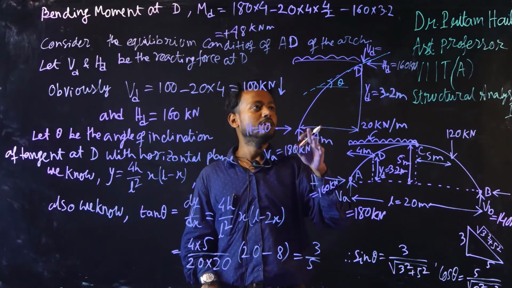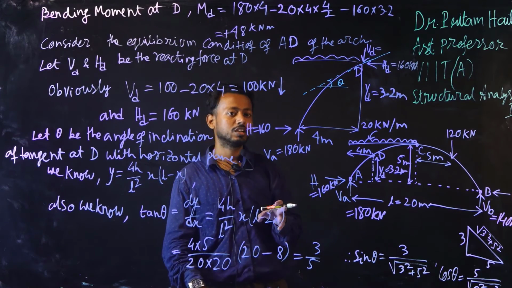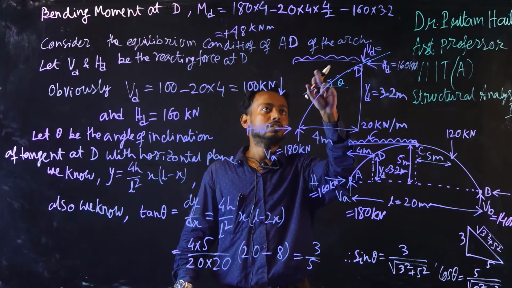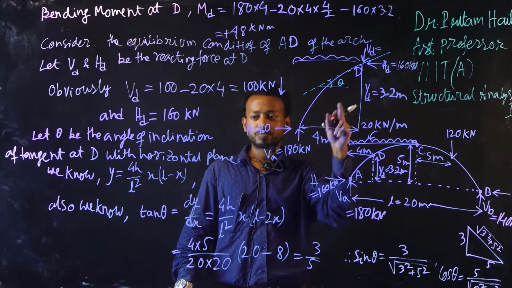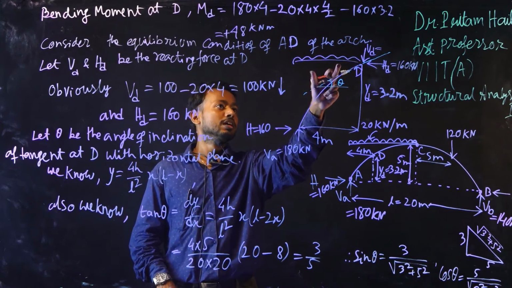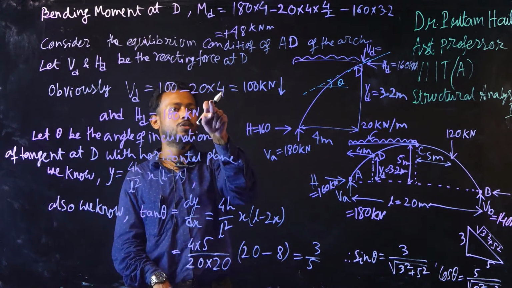Now we will think about vertical equilibrium condition. To be in vertical equilibrium condition, the vertical upward force is acting 180 kilonewton, downward force is acting 20 into 4 kilonewton. This is 20 and length is 4, so 20 into 4 kilonewton is acting downward.